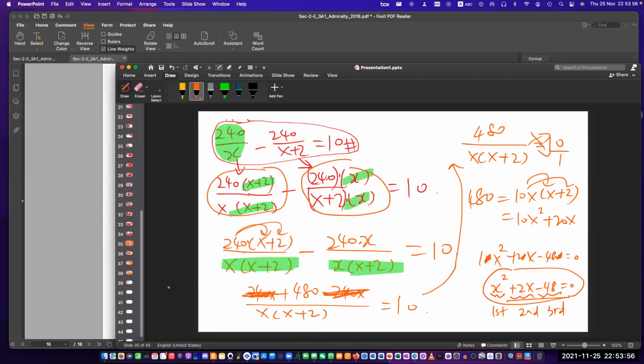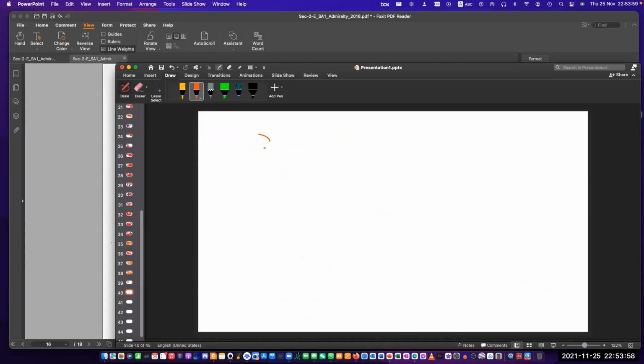If you have practiced enough, let's say they give you this and ask you to find out this. Can you see that in this and this, the denominator is not the same? X plus 2 is different from X, right?